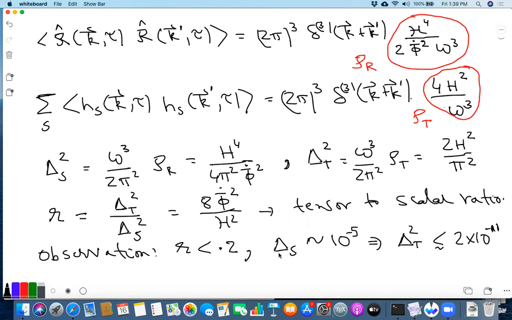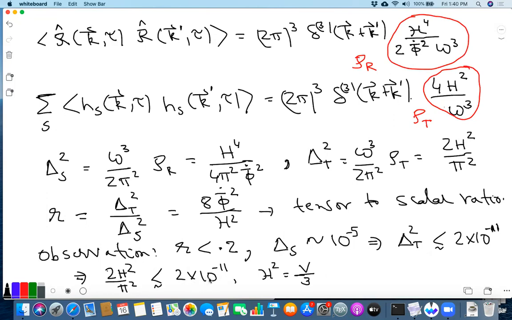Now, on the other hand, you see from this formula, delta t depends on h. So this means that we can put a bound on h at the time of inflation. So 2h square over pi square is less than 2 times 10 to the minus 11. But what is h square? H square is v by 3. In the natural units, h square is 8 pi g over 3 times v, but 8 pi g you have set equal to 1. So this is v by 3. So v is the potential at the time of inflation.